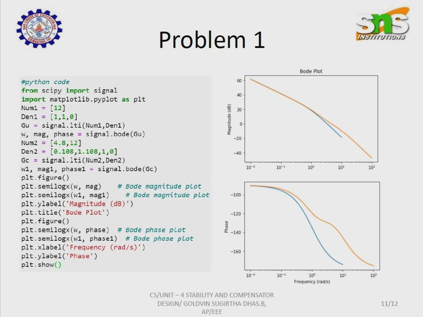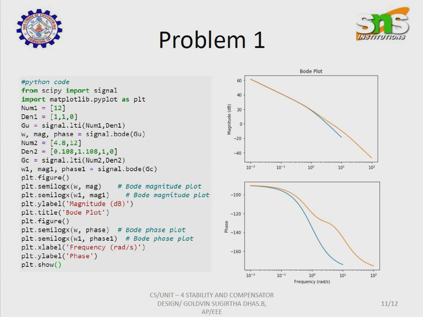So this is a combination of the compensator as well as the uncompensated system, and the LTI system for that is generated using GC equal to signal dot lti of num2, den2. Next we are plotting the Bode plot and getting the response of omega1, that is omega, and magnitude mag1 and phase phase1 equal to signal dot bode of GC.